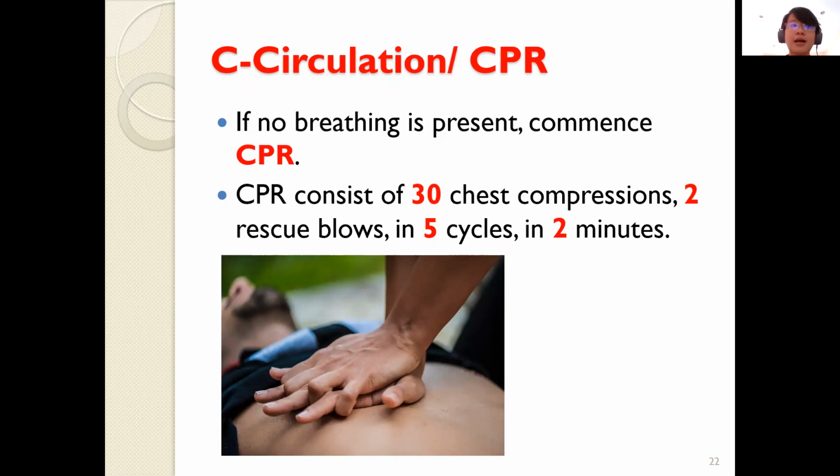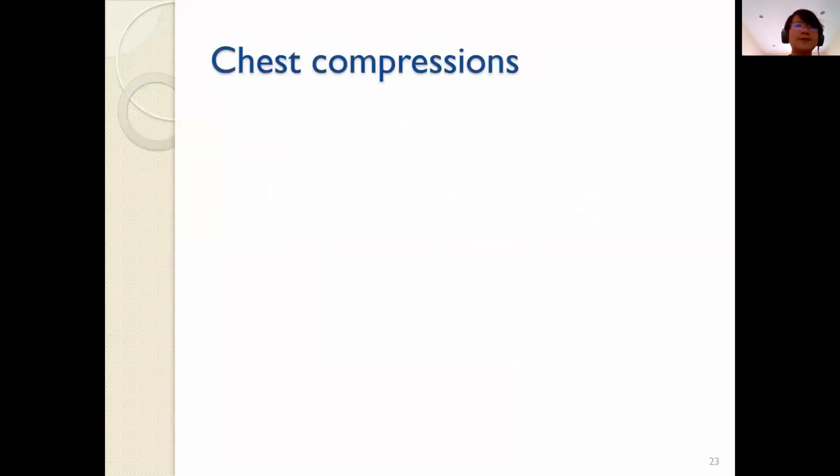This is like an external compression that helps the heart pump blood, because the heart has failed to pump blood and function as normal. So you need to do external manual compression of the heart. That's what this is essentially, right? Chest compressions. So 30 compressions, 2 blows, 5 cycles in 2 minutes.